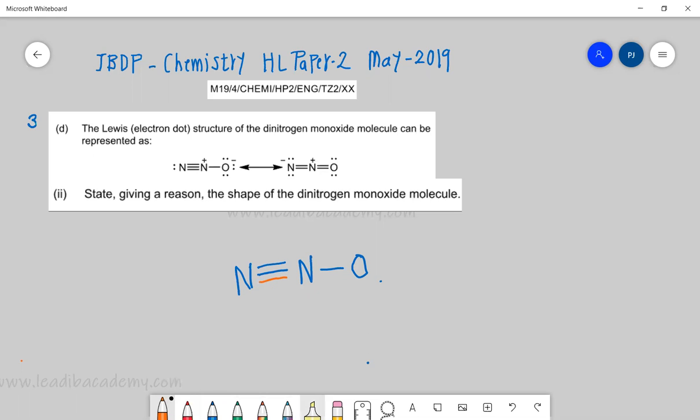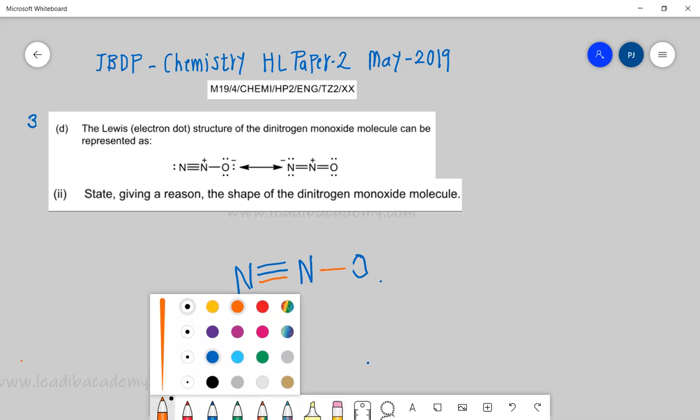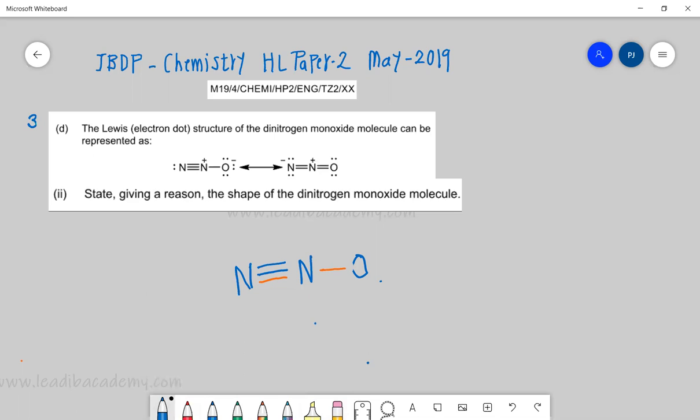Let me show the color for the sigma in orange. Okay, and then let me show the lone pair plus, oxygen, 3 lone pairs and minus.